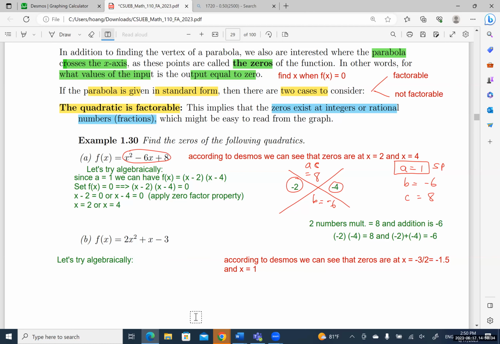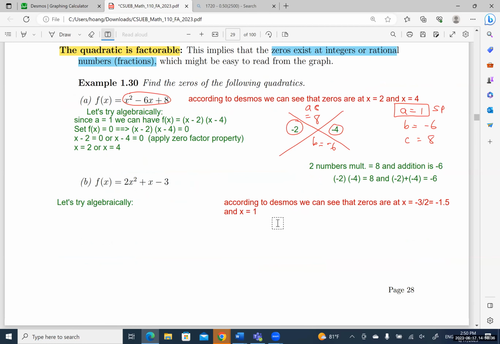So first, listing a, b, c, right? a equals what? 1? No, 2, right? b equals 1, c equals negative 3. So let's move this up here.